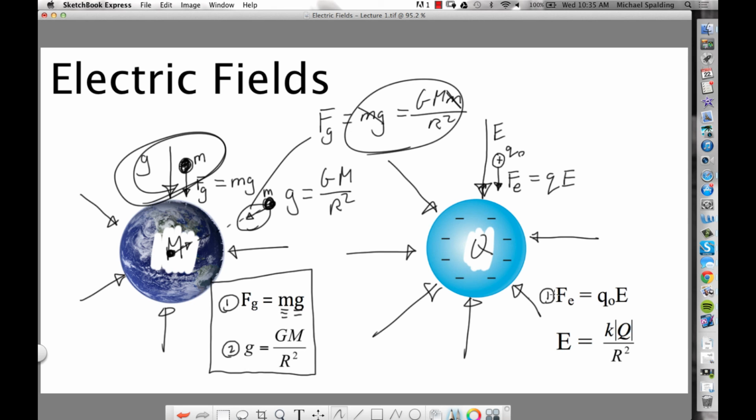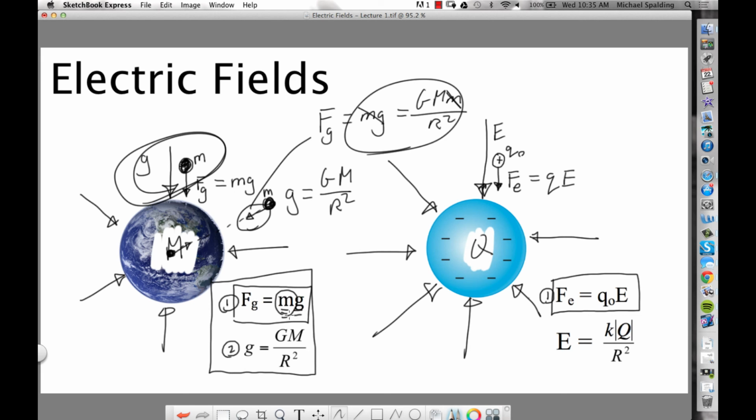Now I want you to recognize something, because this is going to help you understand it. Notice that the equation for the force of gravity and the equation for the force of an electric field are the same equation. What do gravitational fields care about, charge or mass? Mass.